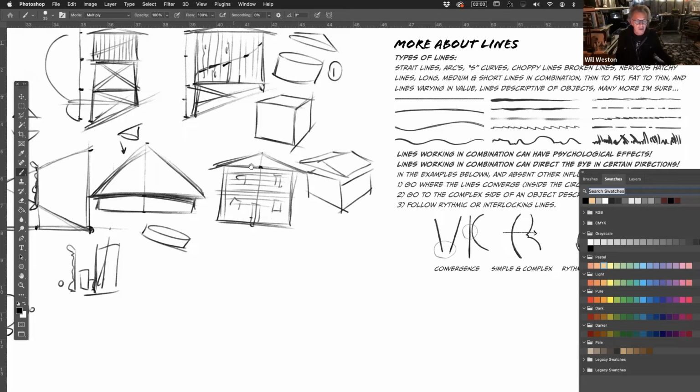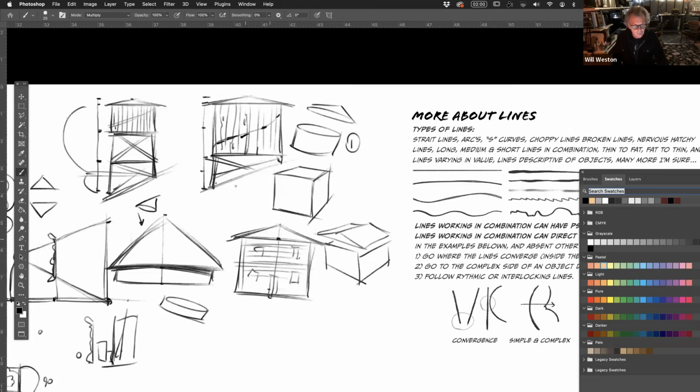But this is number two. Number one is getting the volume. Number two is establishing the materials.